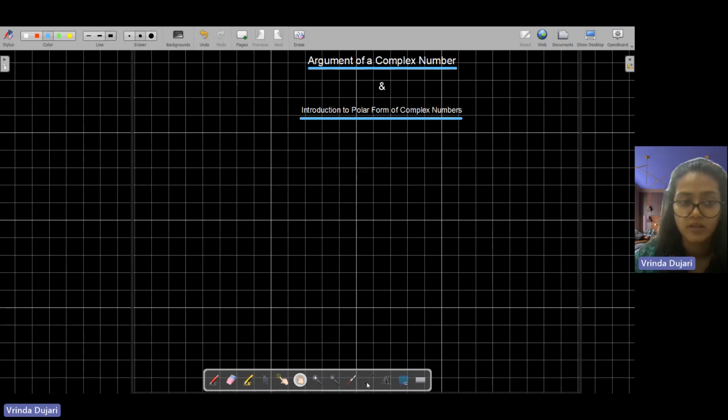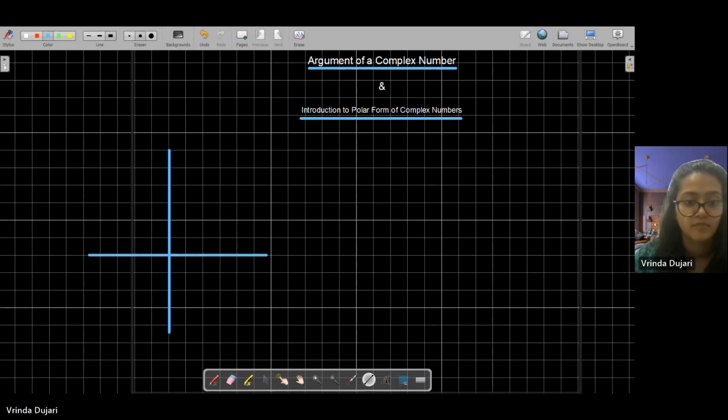So let me draw the real and imaginary axis. Okay. So this is the real axis and this is the imaginary axis.